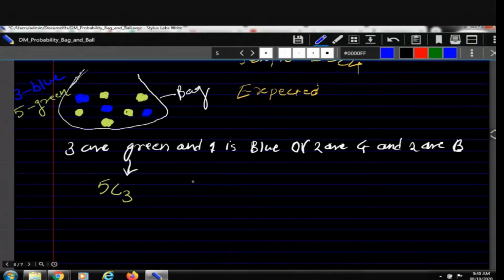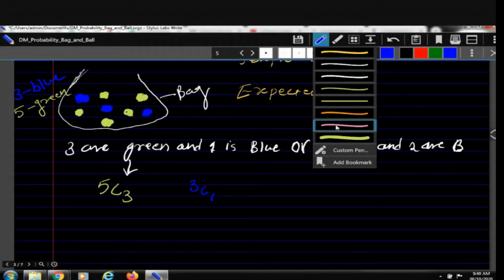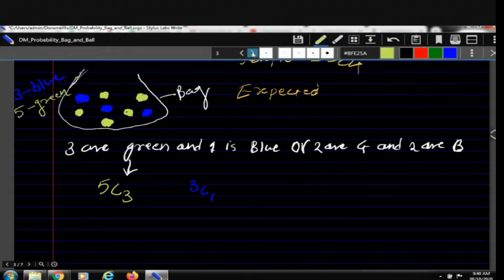It is 3C1 ways. Or two are green: two green balls you can select out of five using 5C2 ways, and two are blue: two blue balls you can select in 3C2 ways.